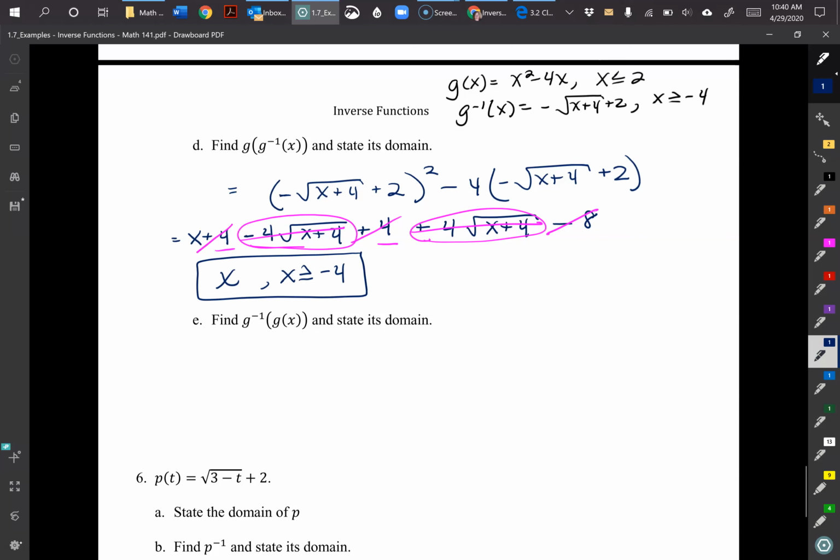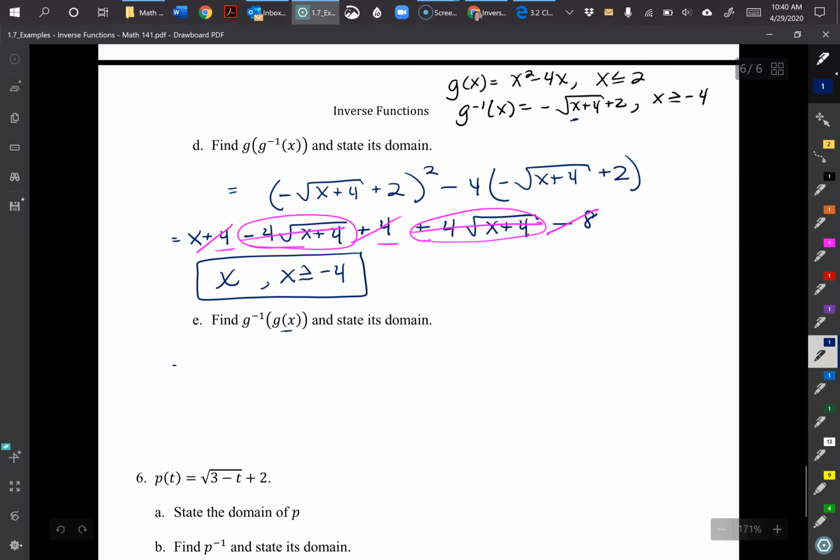The next one is doing the reverse. We're taking the composition, we're doing g inverse of the original one. So you could try that one on your own. You could pause if you want. But let's see, I'm going to go through it. So we're going to pop the inside here into x in our function.